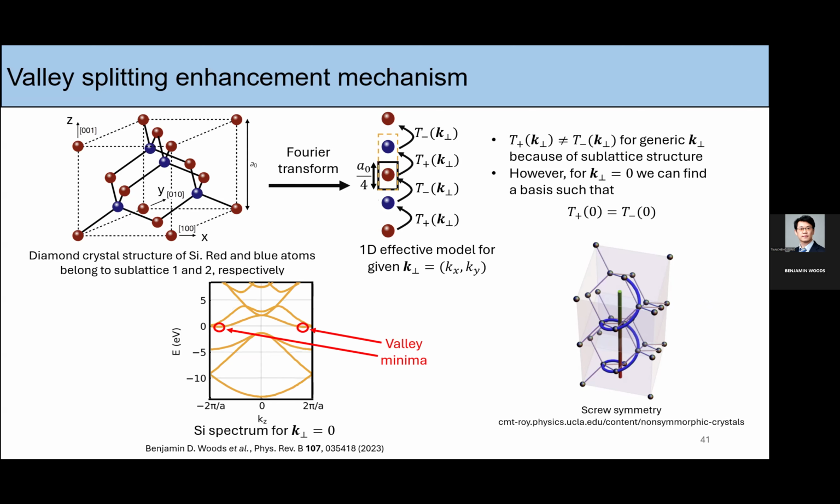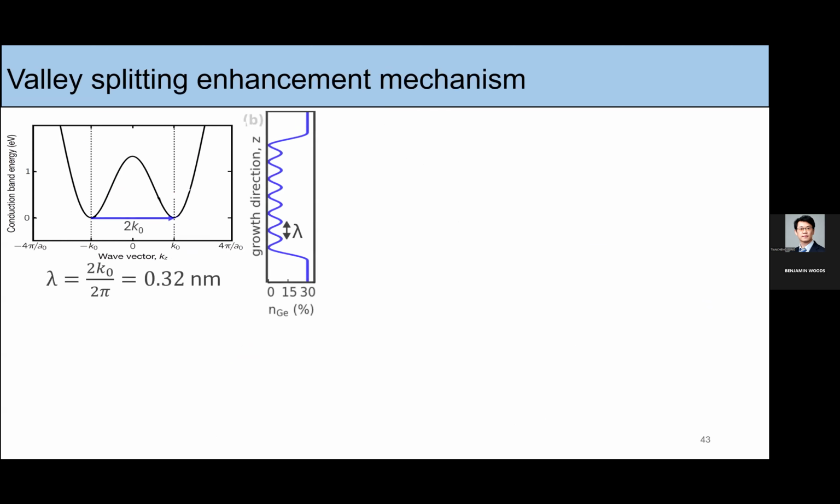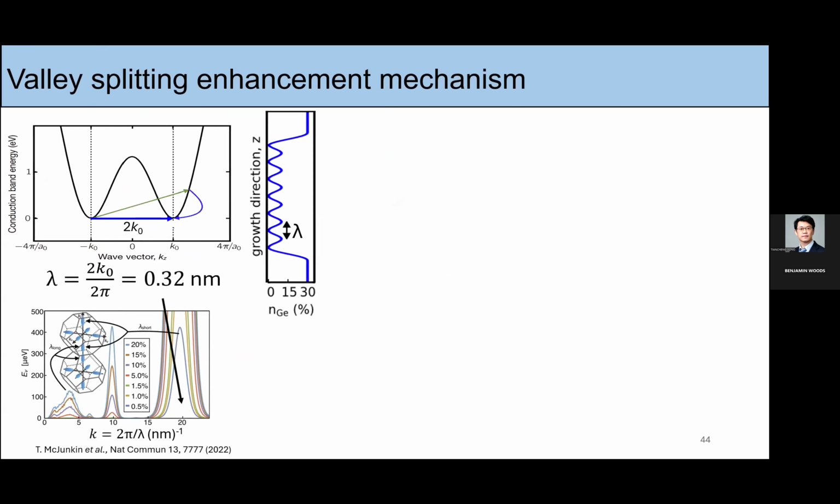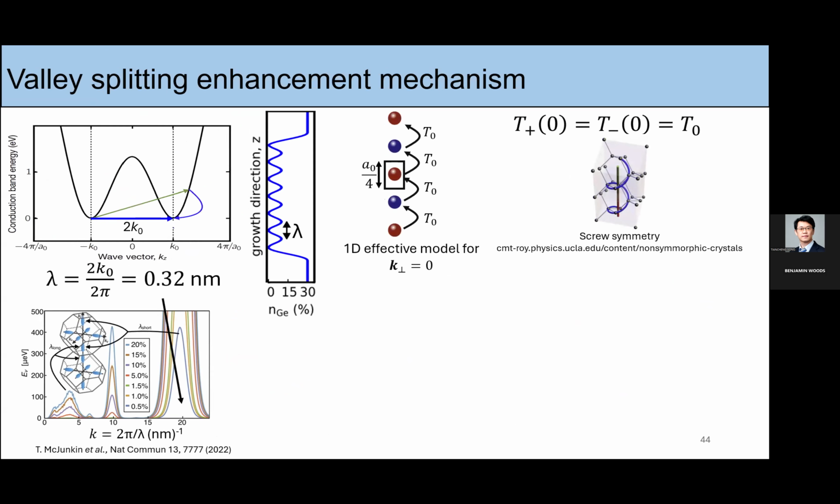Okay, so that's all I was going to give as a little bit more detailed explanation of that. But for the sake of time, I won't go through it. Just very quickly, this is another way of visualizing it. These are the two valleys of silicon. Like I was saying, the short wavelength wiggle well can couple these two directly, right? But this 2K naught corresponds to this very short wavelength.